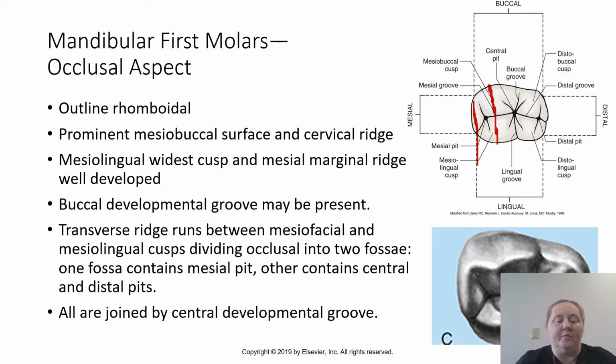Okay, one fossa contains the mesial pit, and the other contains the central and distal pits. All right, all are joined by the central developmental groove. So here are our pits, 1, 2, 3, and they are all joined by this groove right here.